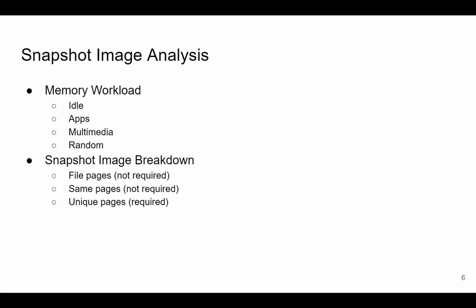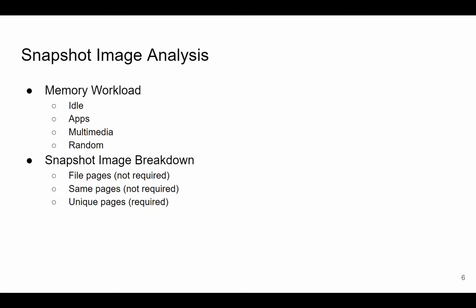In this paper, we categorized memory workload in the following 4 cases to see how each memory workload affects the snapshot image size. The snapshot image is made up of pages with various usages, so we break down a snapshot image into pages.